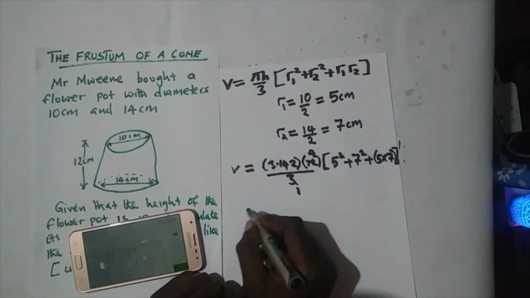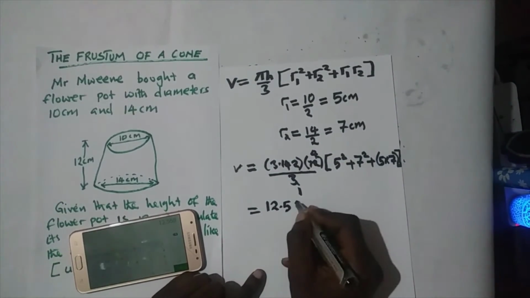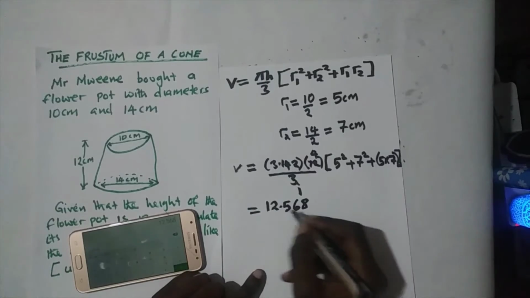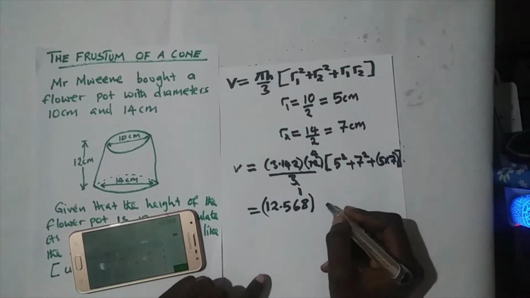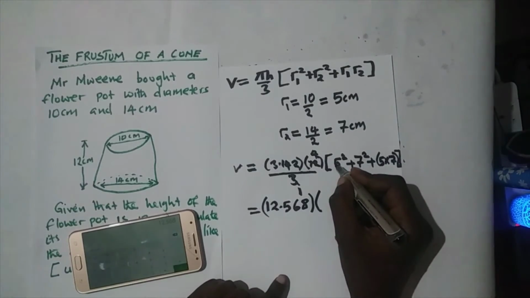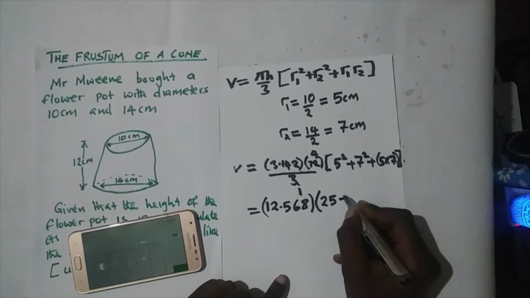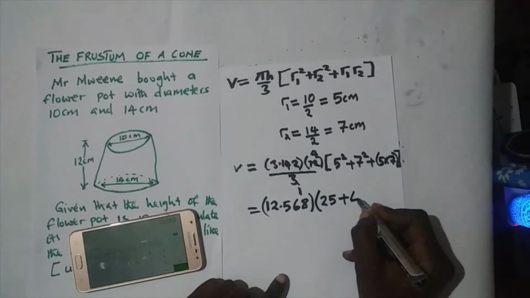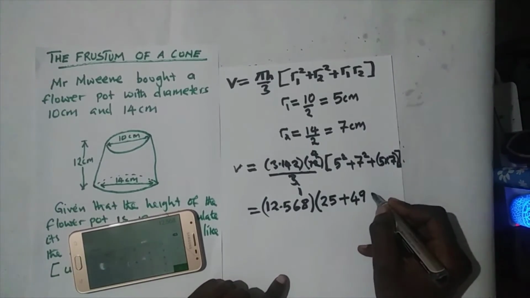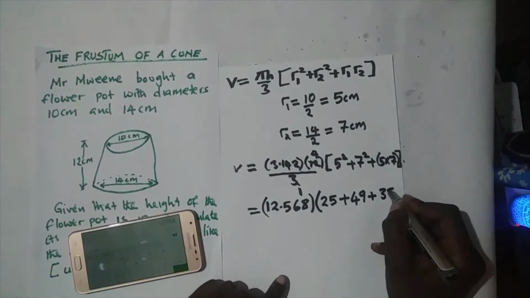So here we are going to have 12.568. Then we can put it in brackets, and simplify what we have in the brackets. 5 squared is 5 times 5, which gives us 25, plus 7 squared is 49, which is 7 times 7, plus 5 times 7, which gives us 35.